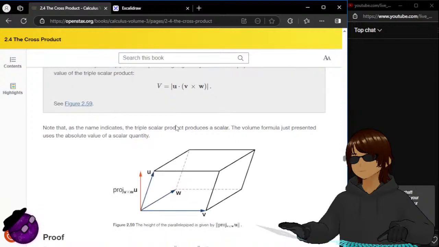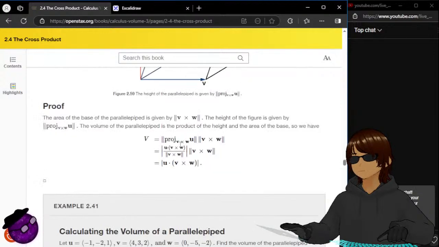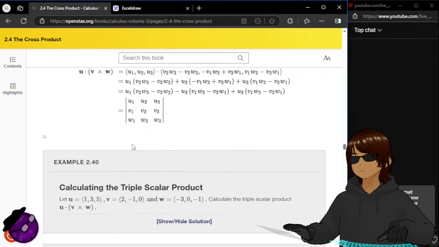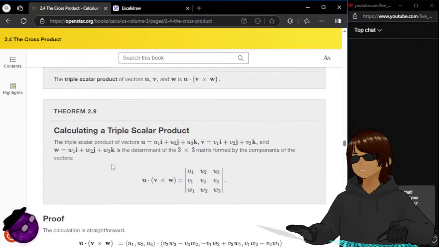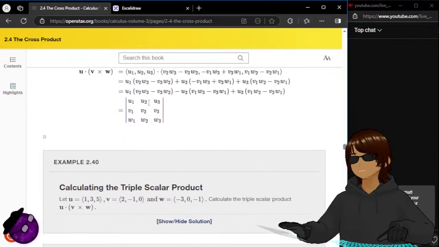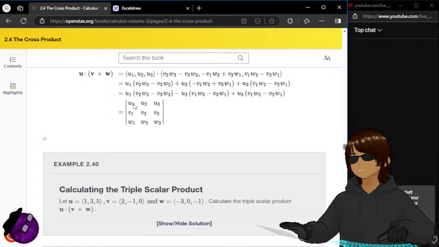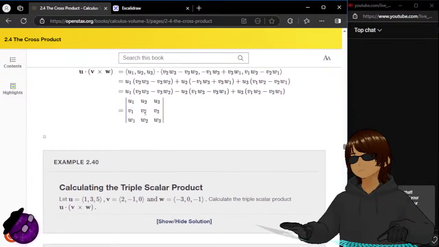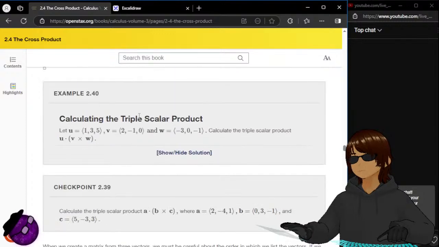It is so lengthy though. Like simple questions take a long time to solve. Okay, so for calculating this, we just need to do this, right? And I've done this before. So U1 times the determinant of this, U2 times the determinant of the box of these two, then U3 times the box of these four.